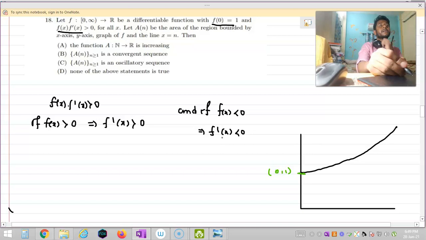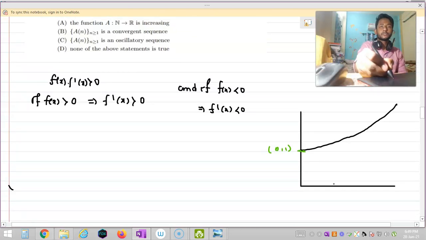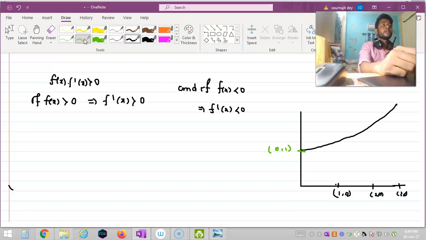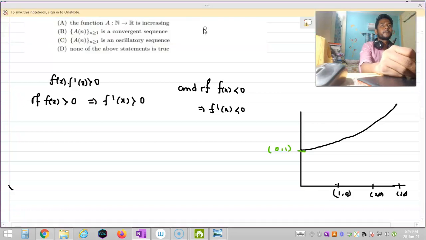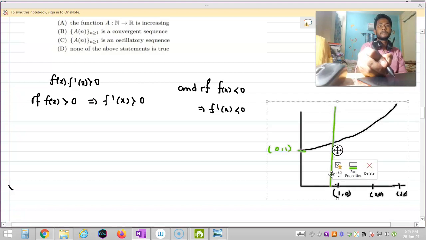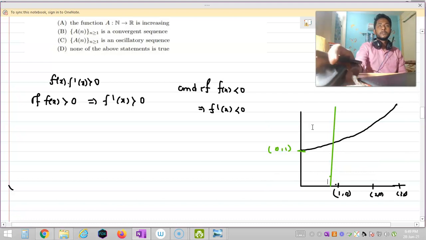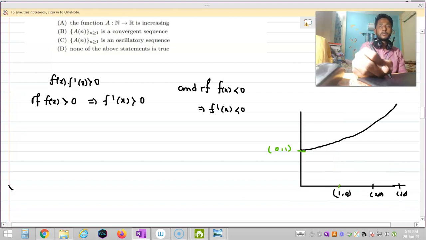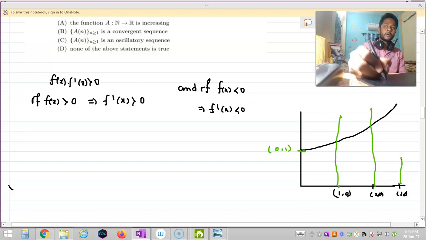Now first choose a line, then choose the points. This is our (1, 0), this is (2, 0), this is (3, 0). Now I am drawing the graph. This is our line y = 1, this is our line y = 2, this is our line y = 3.